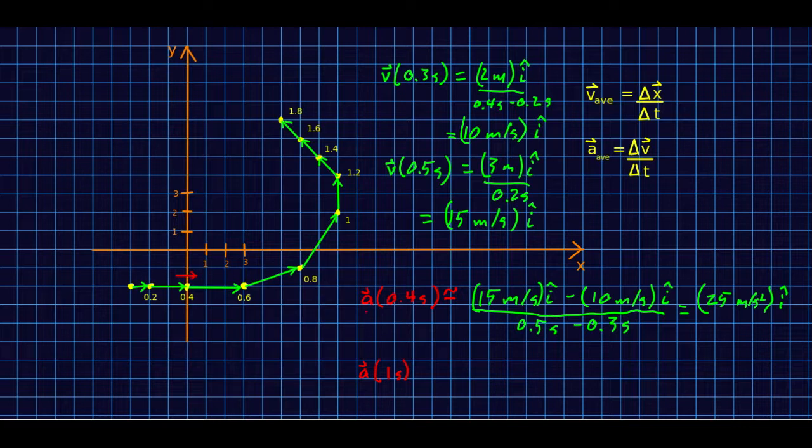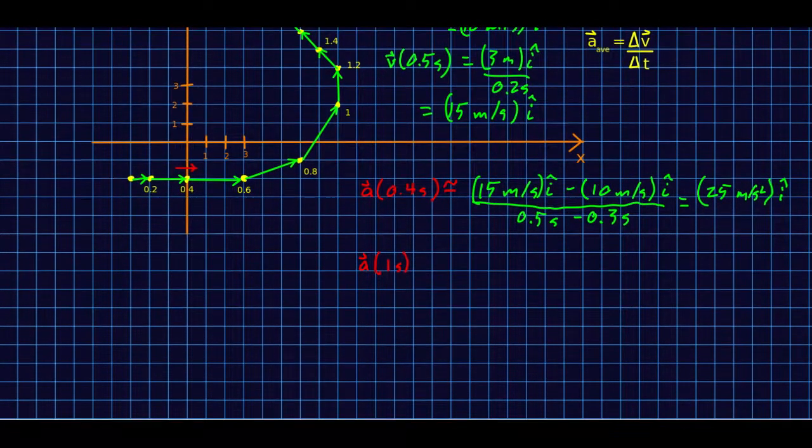Let me now do it at 1 second. So you're going to have a v at 0.9 seconds, which is approximately this v. So look at that. That is 2 meters I hat plus 3 meters in the positive y direction, all divided by, again, a delta t, which is 1 minus 0.8 seconds, so 0.2 seconds.